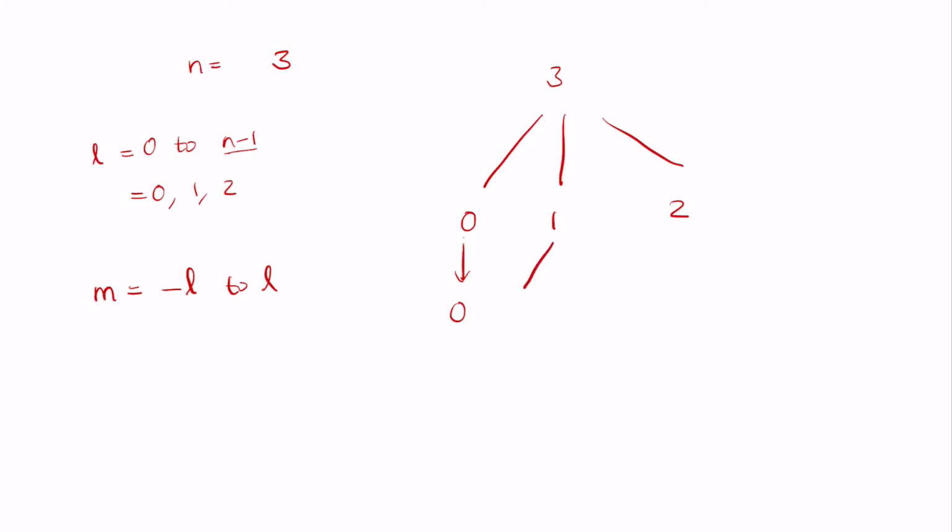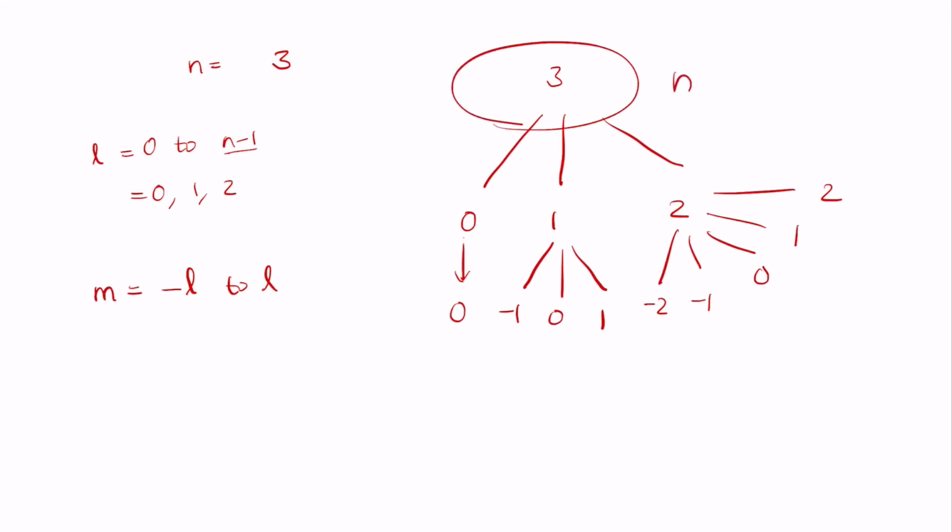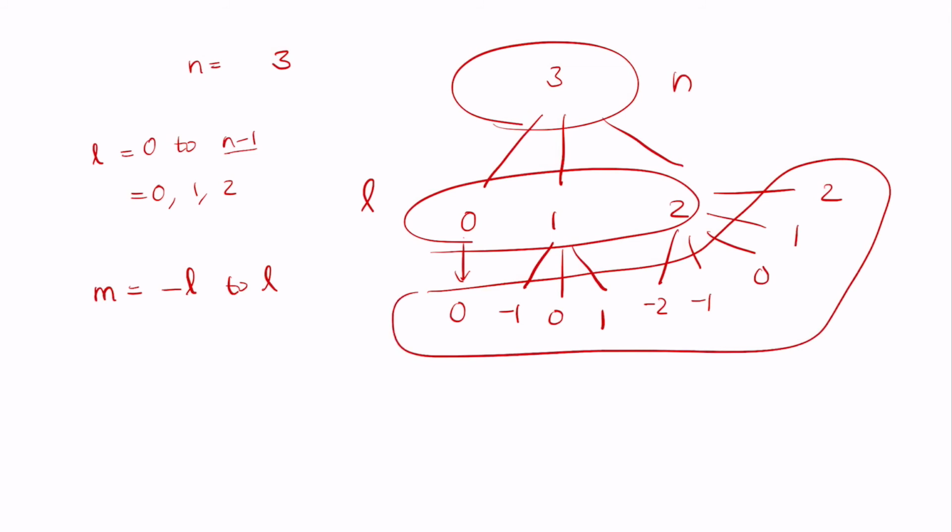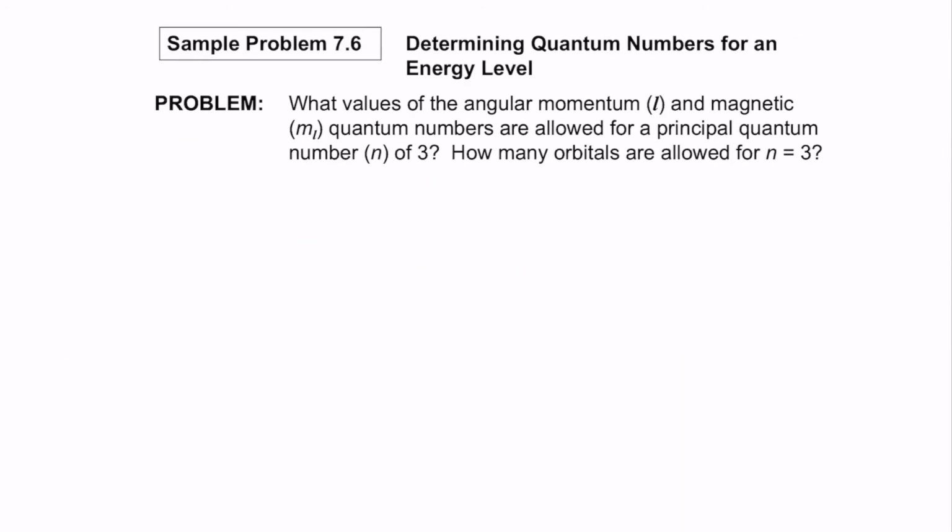For 1, you get 3 different values: negative 1, 0 and 1. For 2, you get 5 different values: negative 2, negative 1, 0, 1 and 2. So this here represents the n value, this 3 represents the L values, and these values represent the ml values. So this is how you can find the magnetic quantum numbers.